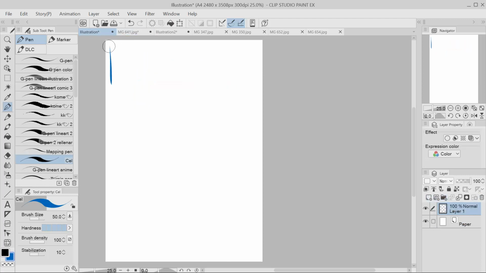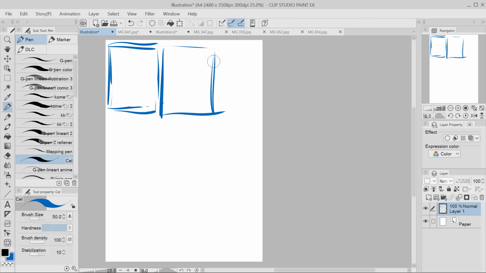So what I usually do is I play around with the composition, so the attacks and the movement is always kind of towards the right.